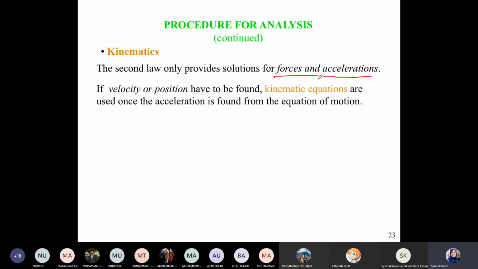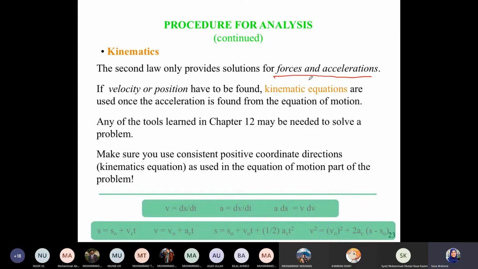Yes, and then finally, the kinetics or the equation of motion only relates forces and accelerations. If we need velocity, then we need to go back to our kinematic analysis that we have previously considered. That is, you remember, I've written a set of results here for the kinematic analysis. Okay?